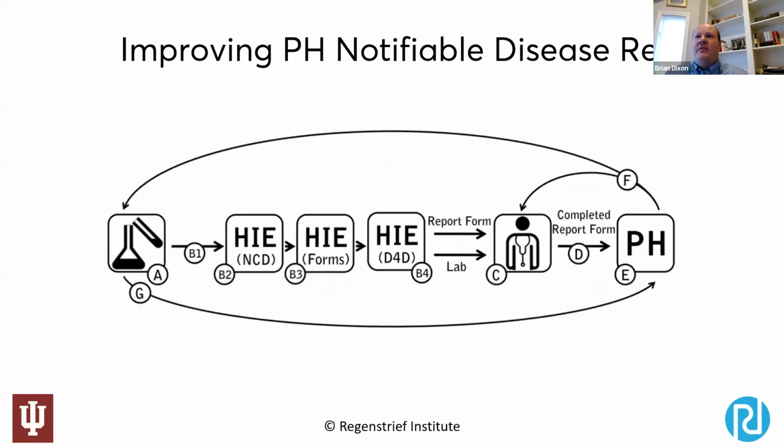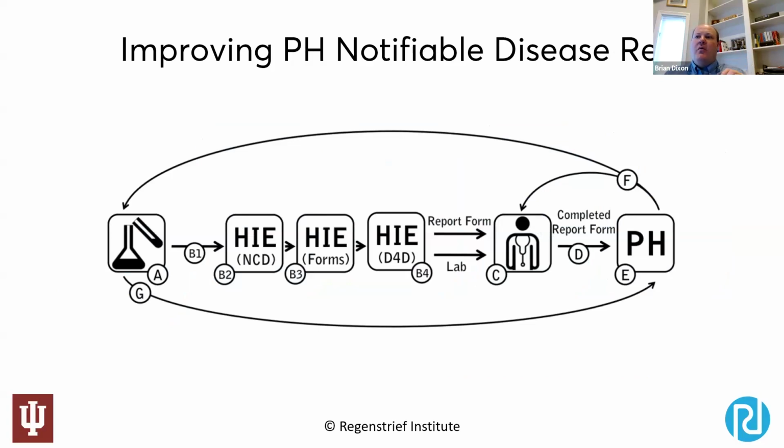Our goal at Regenstrief was really to think about, if we think about the health information network as our health information system of interest, and we want to develop or innovate on top of that, what could we do, particularly around improving this concept of disease reporting?